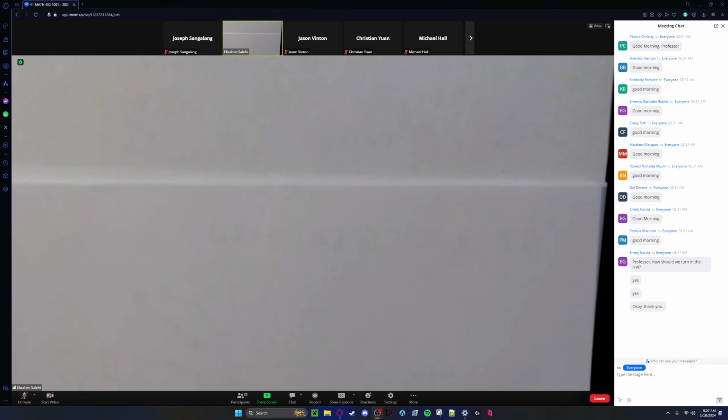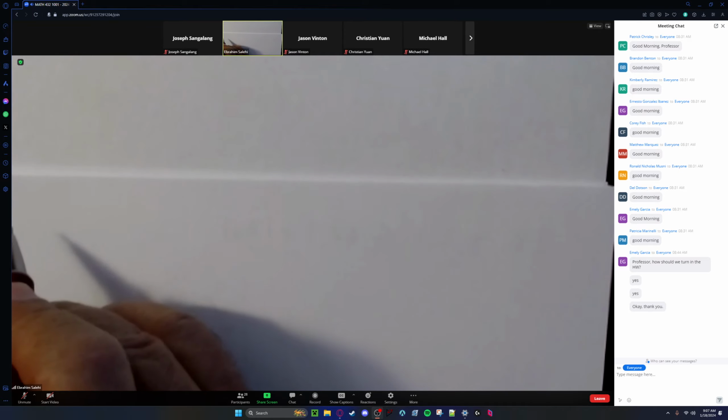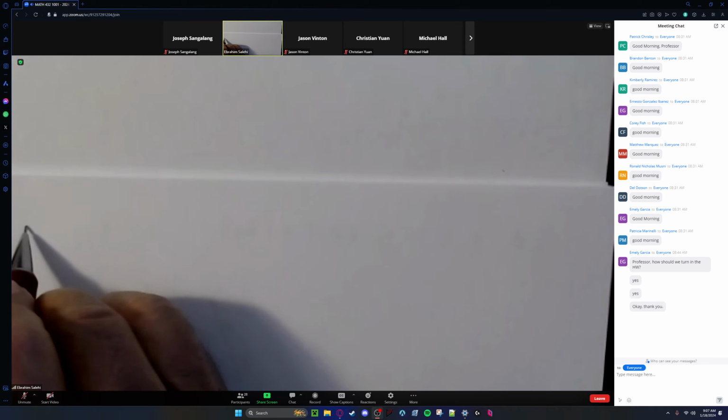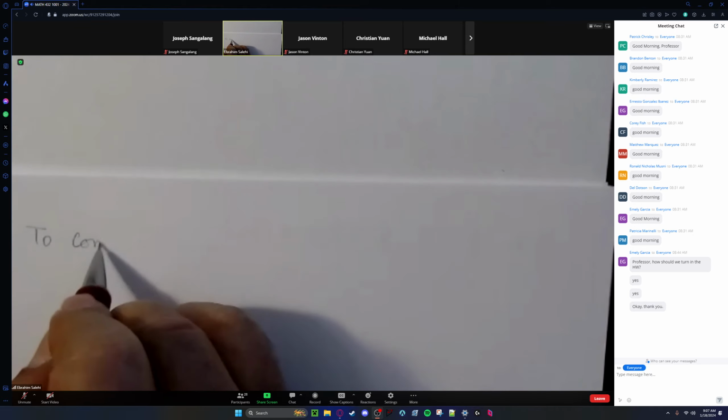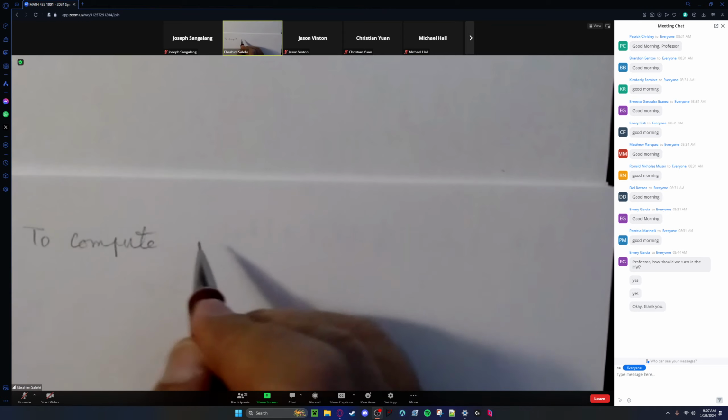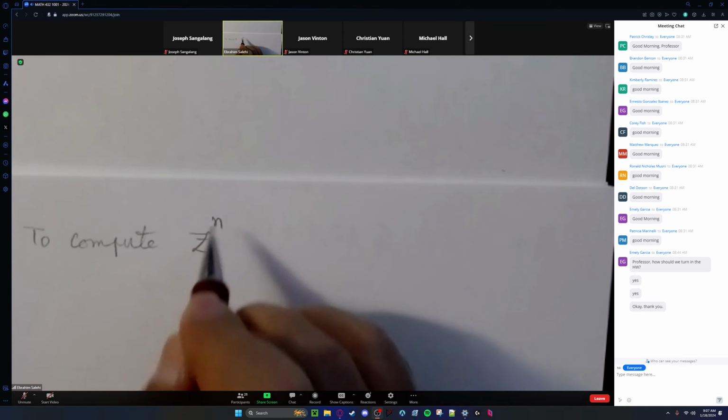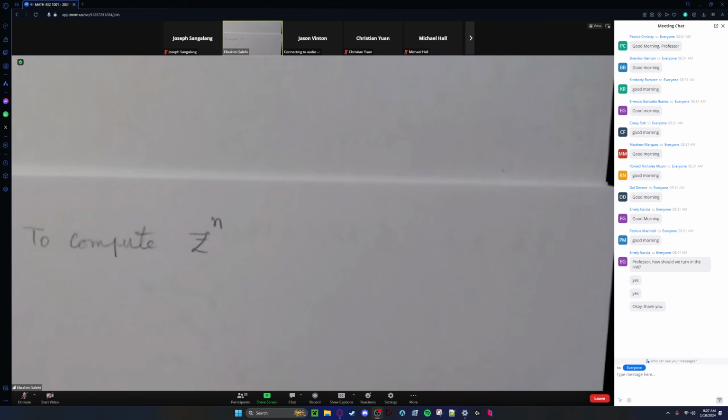In application number 2, we want to find a complex number raised to some very weird power. Let's say to compute z to the n. It will be easy if we can write z in terms of exponential format.